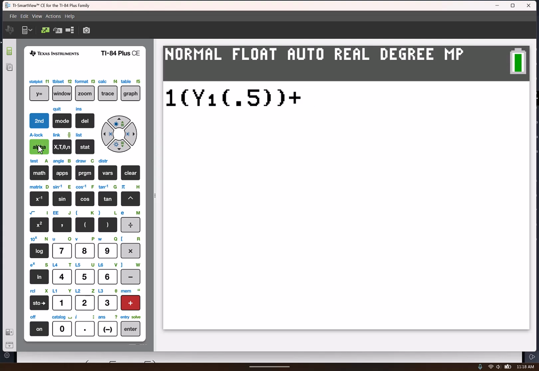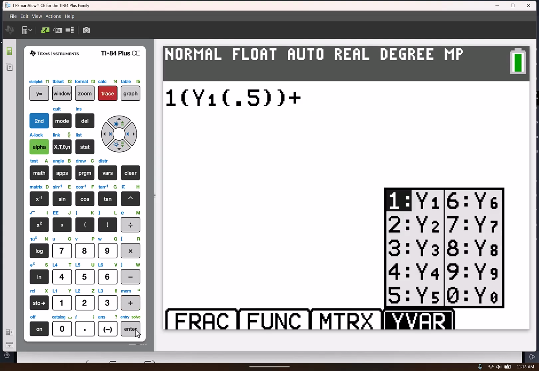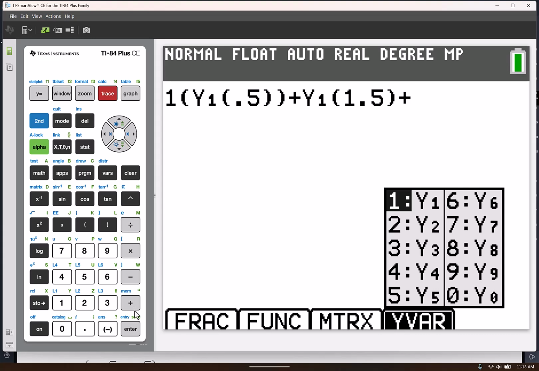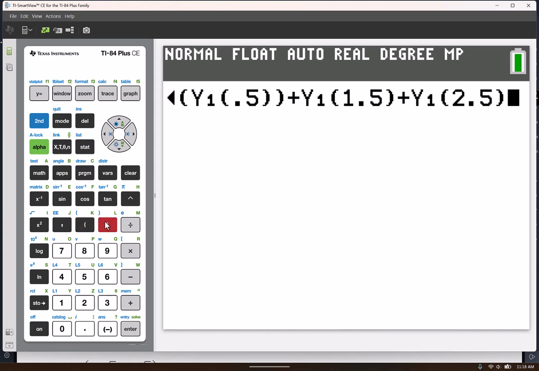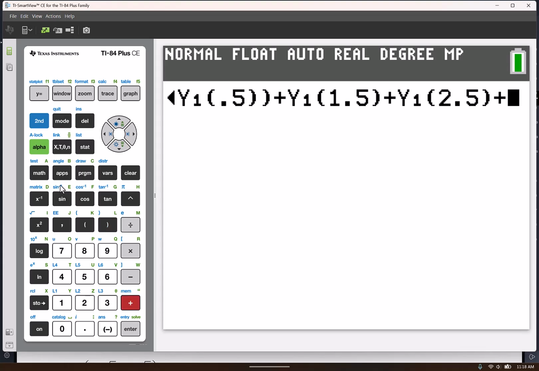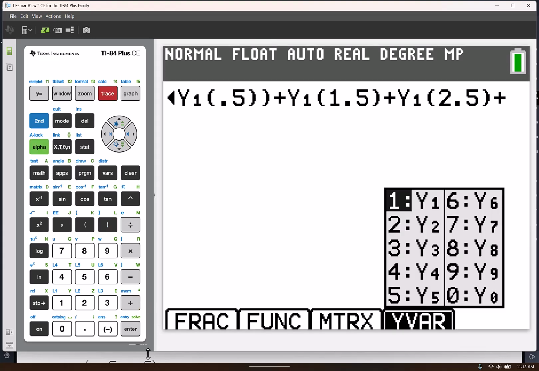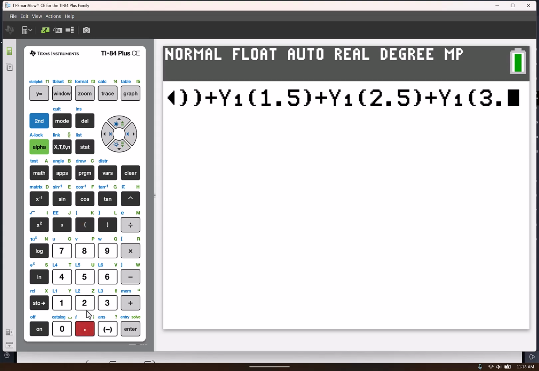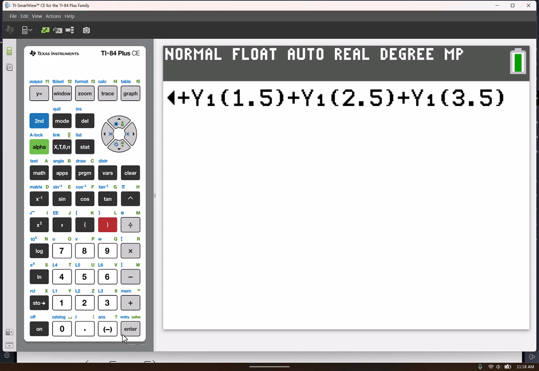Put in the other y values. What is the other one? 1.5? Plus alpha trace y1 at 2.5. And then finally the last one is at, and this is why programming is so amazing, guys, because anything that is repetitive in nature, you can just make the machine do it.